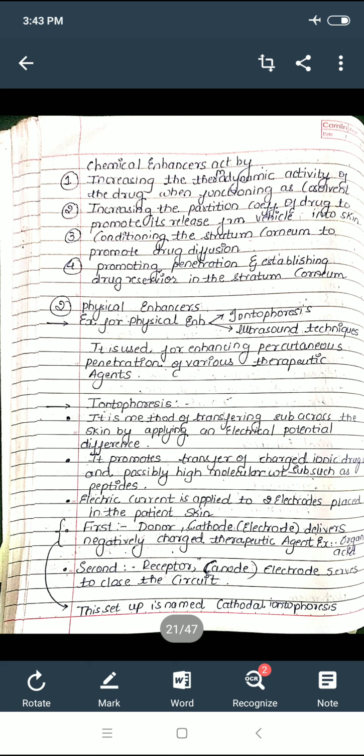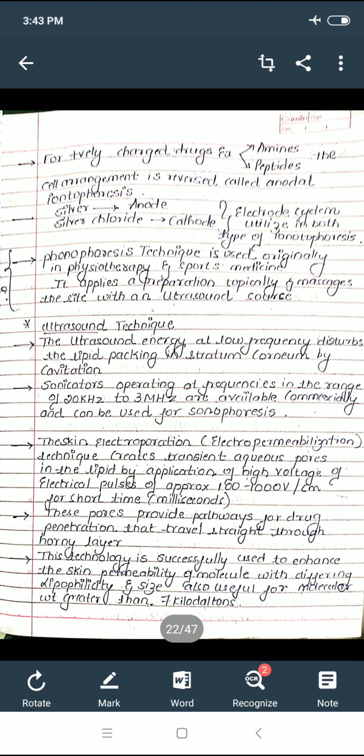Coming to the second one, that is a receptor, an anode electrode which serves to close the circuit. For positively charged drugs, that is amines or peptides, the cell arrangement is reversed. So it is called anodal iontophoresis. For example, silver for anode, silver chloride for cathode. So this is the electrode system utilized in both types of iontophoresis.